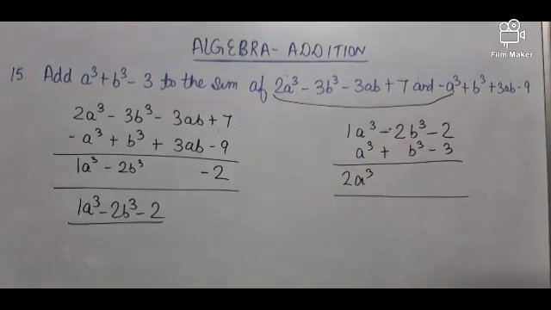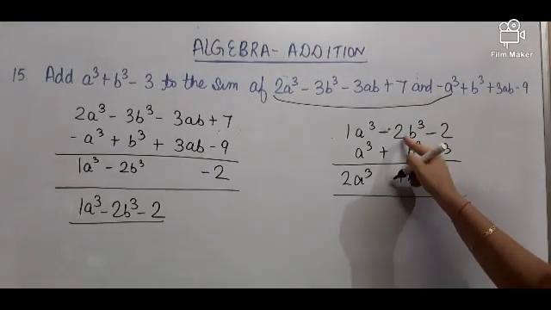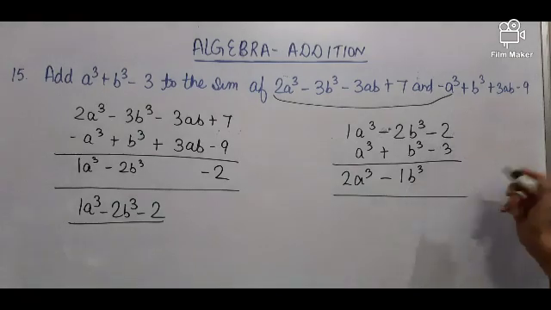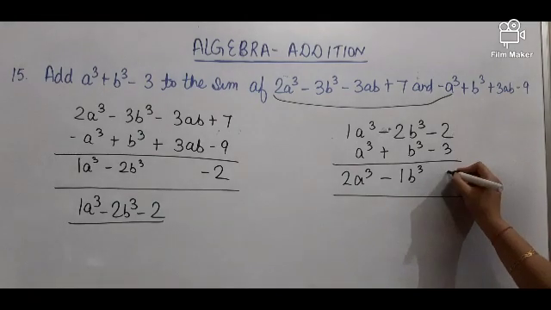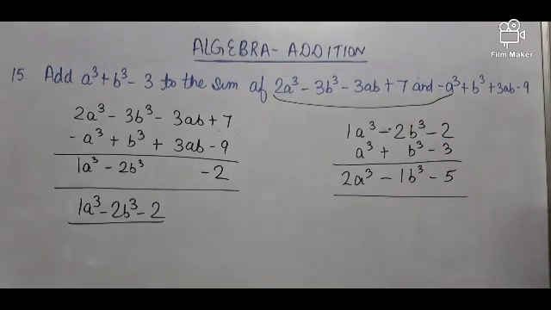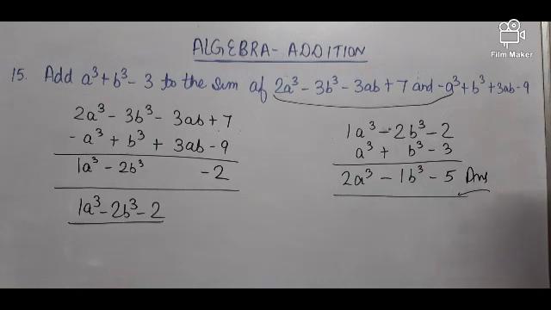Positive and negative results to negative. So 2 minus 1 is 1b cube, and 2 is preceded by negative, so negative sign is here. Two negatives result to positive, so 3 plus 2 is 5, and 3 is preceded by negative sign, so minus 5. So this is the final answer. Now I hope addition in algebra is very well clear to you.